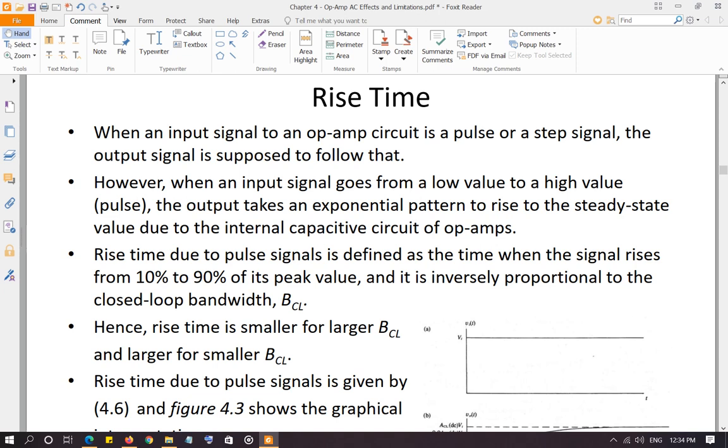the internal circuitry of an operational amplifier has a bunch of capacitors and a bunch of transistors, and each transistor has capacitors between the base and emitter, base and collector, and collector and emitter.